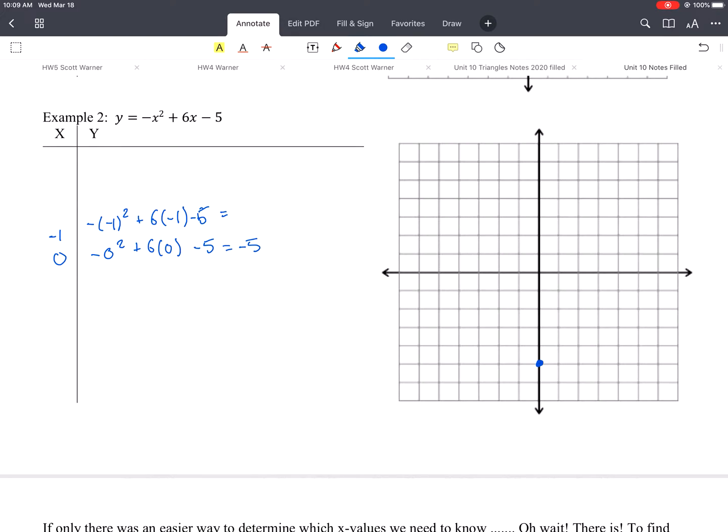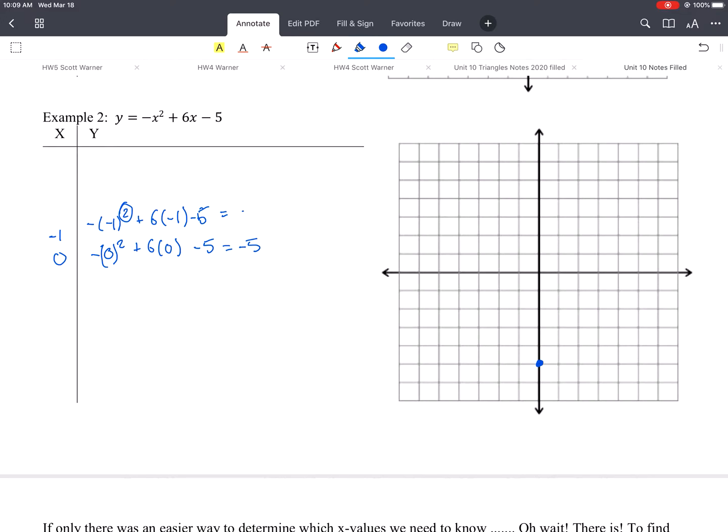Okay, just remember this: when it's being squared, whenever you plug something in, especially if it's negative, put parentheses around it. I would plug this into your calculator if you can. Oftentimes if you do it by hand, perhaps you'd run into sign mistakes or things like that, okay?